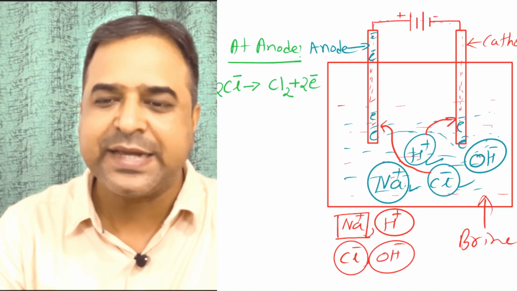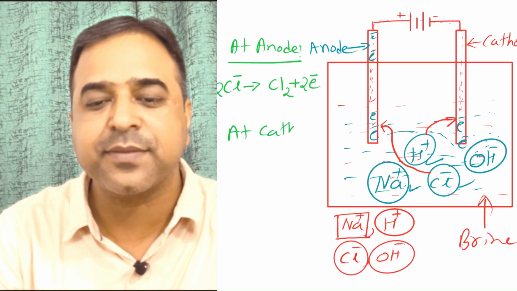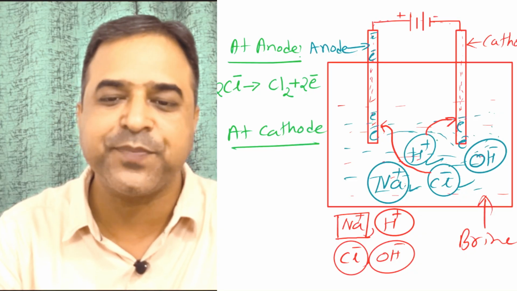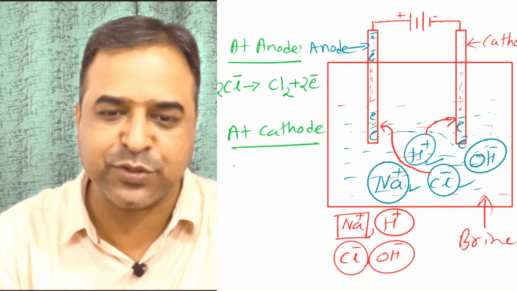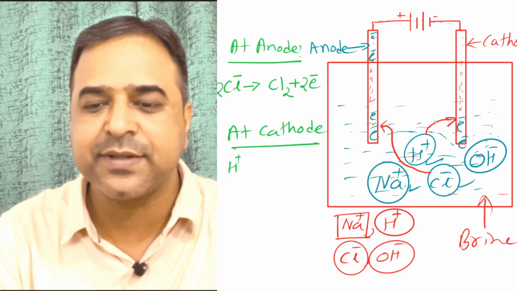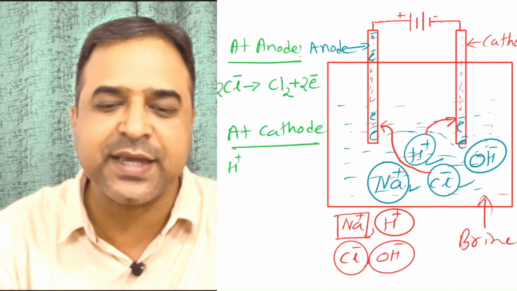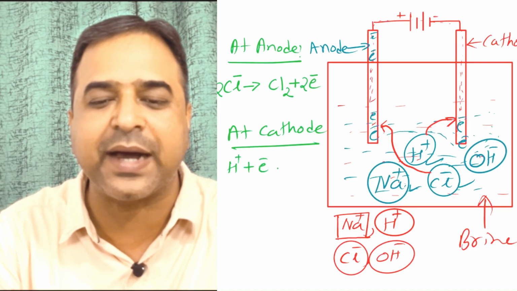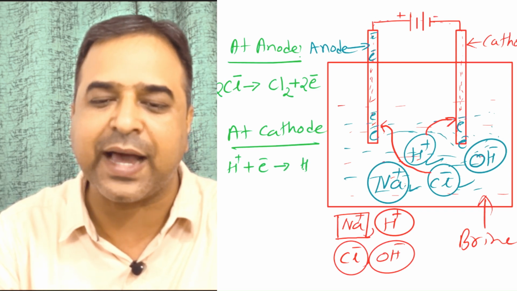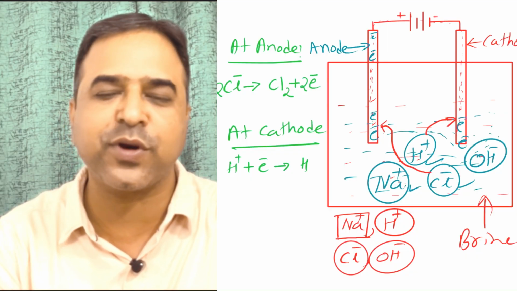Got it? Same way, what happens at the cathode? Who is going there? Hydrogen ion. At the cathode, you can see these electrons are moving and coming here. These electrons will be accepted by the hydrogen ion and it will form a hydrogen atom. But hydrogen is also a gas, a non-metal, and it cannot exist in monoatomic form.